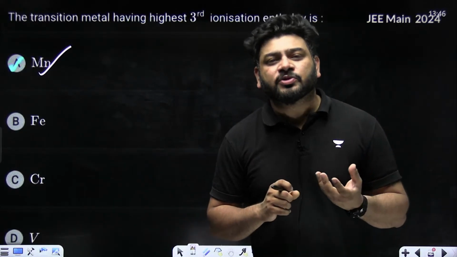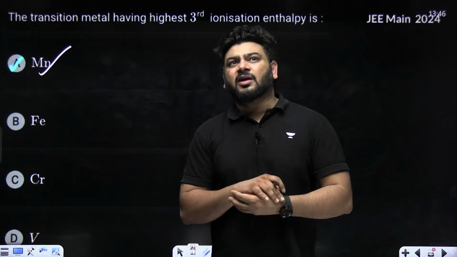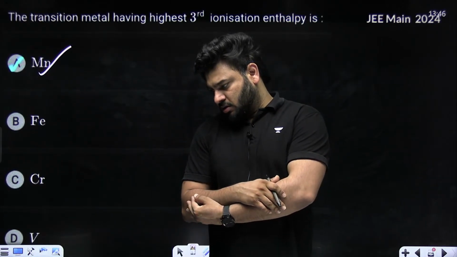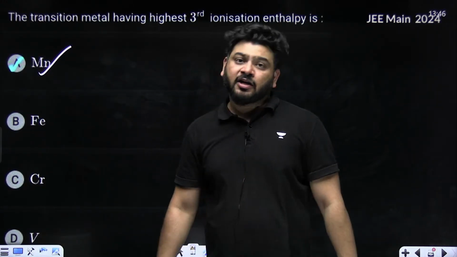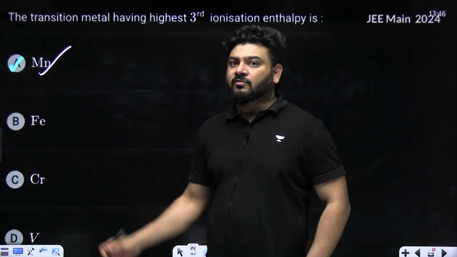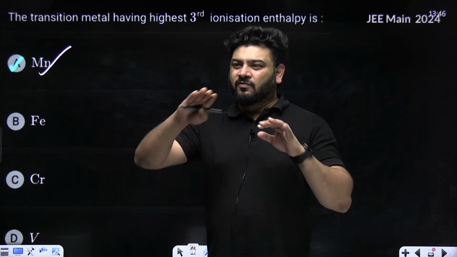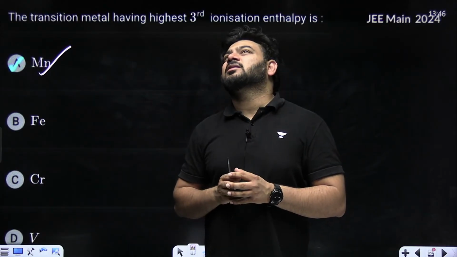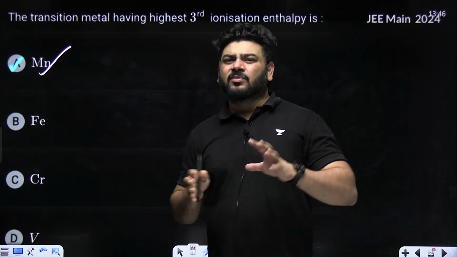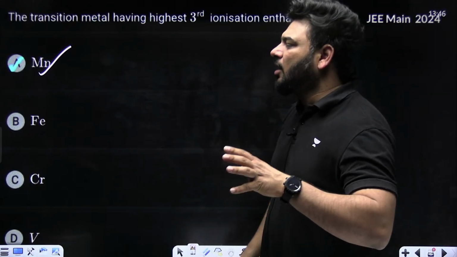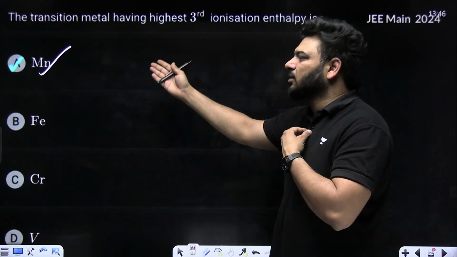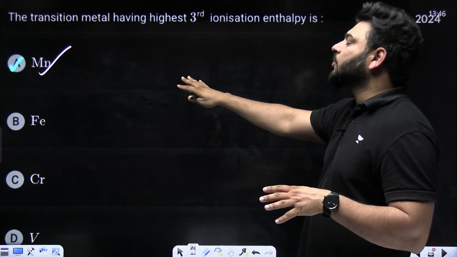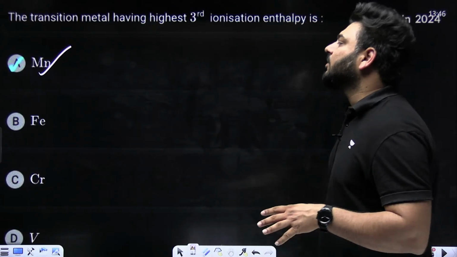Otherwise, if 1+ or 2+ has been given, then we have to check their theoretical values only, like IE1 for the metal, which is nearly the same, but the regularity is not in the order, and that's why IE values are difficult to predict, but the various ones can be explained using the electronic configuration.